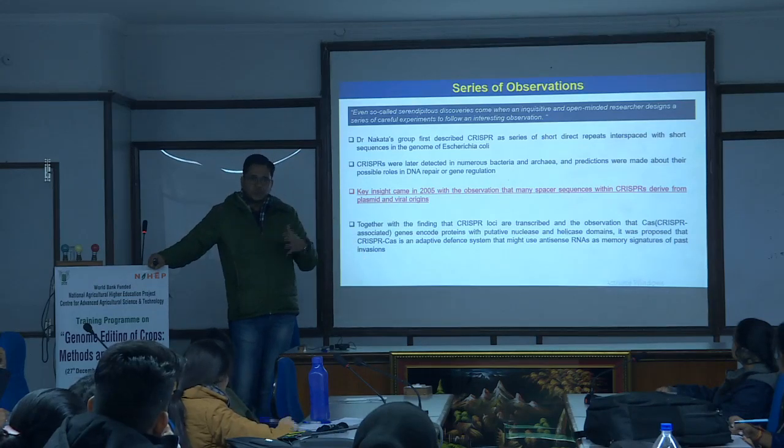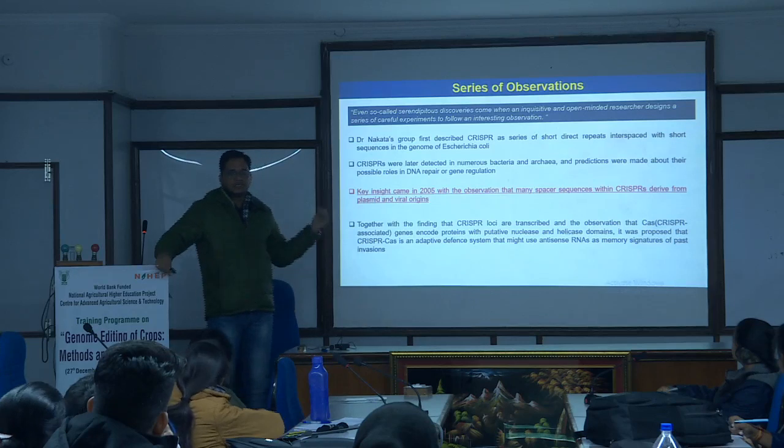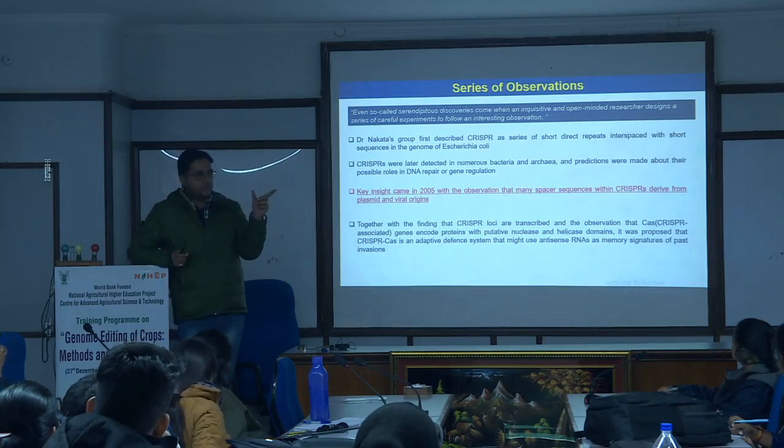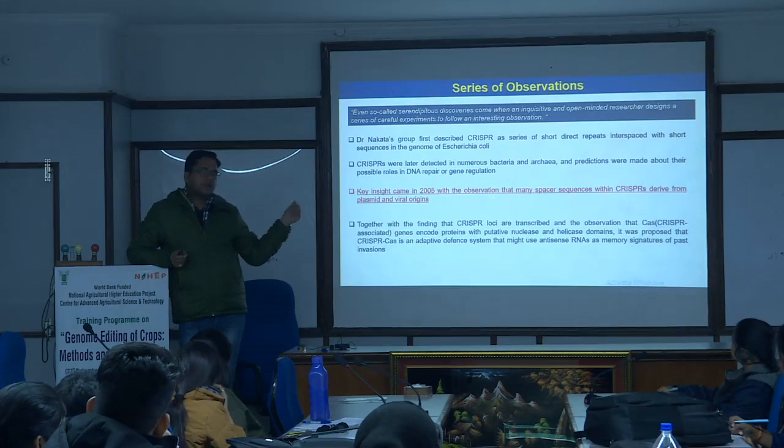During that sequencing, they found that the CRISPR locus has spacer sequences of viral origin, which means they might have some role. So they came to know it might act as a memory signature. That was way back in 2005.